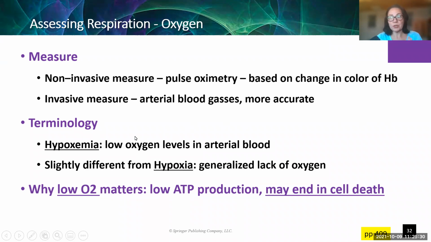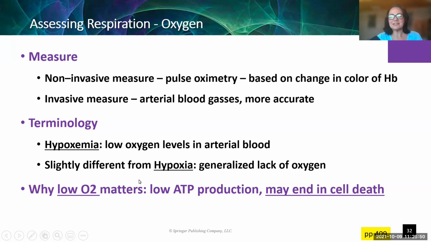Now, some of the terms you're going to hear are hypoxemia. Emia, of course, means in the blood, like anemia or hyperglycemia. So emia is in the blood. So hypoxemia specifically means low oxygen levels in the blood.